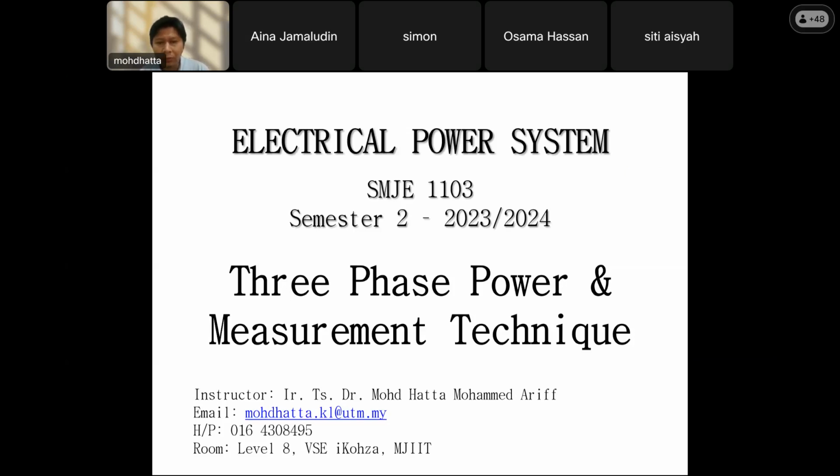Actually, we can also use 3 watt meters as well, but it's very straightforward in that case. So we are focusing on the 2 watt meter technique in this class.